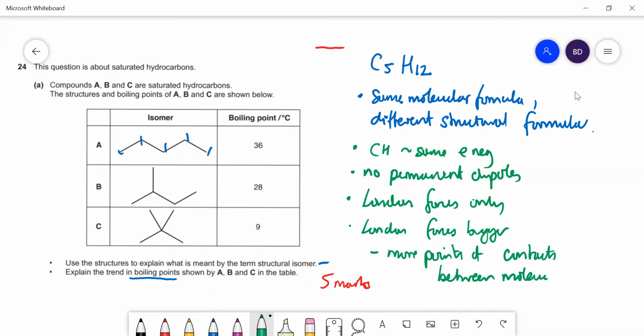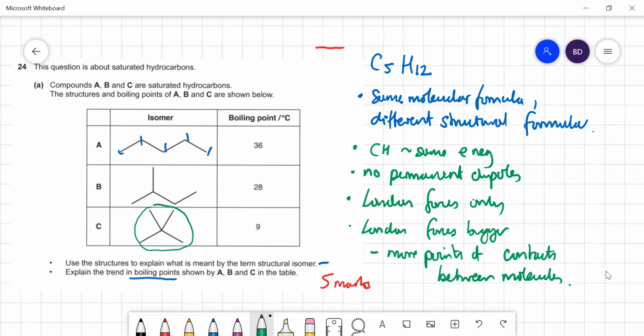So the electron charge cloud of molecules of A have got more points of contact with each other than they have with C, because C has a lower surface area, if you like, with it being branched. A lot of the electrons are not on the outside of the molecule, so they can't interact with the electron charge clouds on other molecules. If you put down what you've got in green there, that is more than enough for the marks.